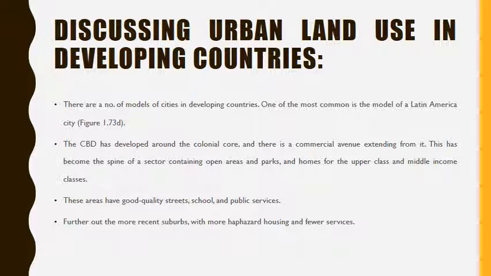This has become the spine of a sector containing open areas and parks and homes for the upper class and middle income classes. These areas have good quality streets, schools and public services. Further out are the more recent suburbs with more haphazard housing and fewer services.